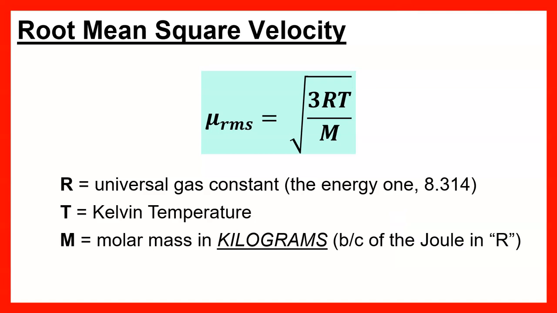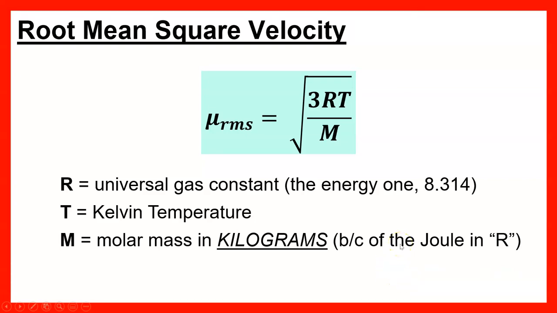One of the things that's important is it's a good practice to make sure that your units are matching. Your R value being in joules requires that your molar mass be in kilograms, which can really throw some people off. So it's a good way to make sure you're paying attention to those units.